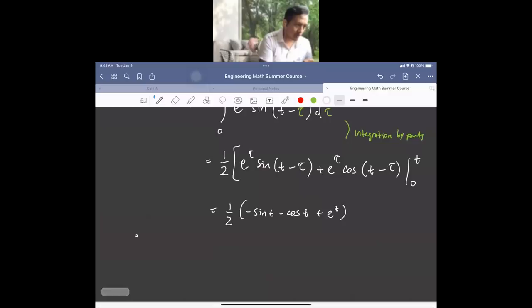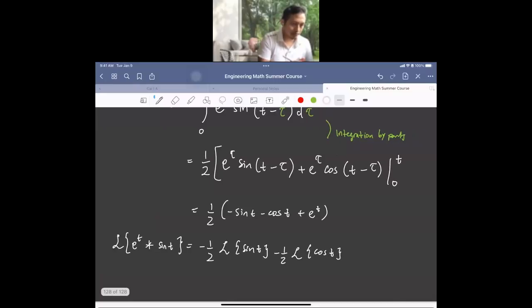Now, if we want to find the Laplace of e to the power of t convoluted with sine t, then we can say negative half Laplace of sine t, negative half Laplace of cos t, and plus half Laplace of e to the power of t.